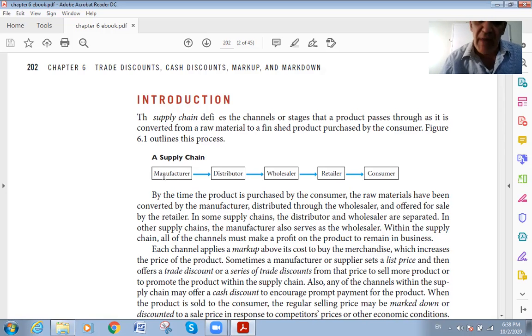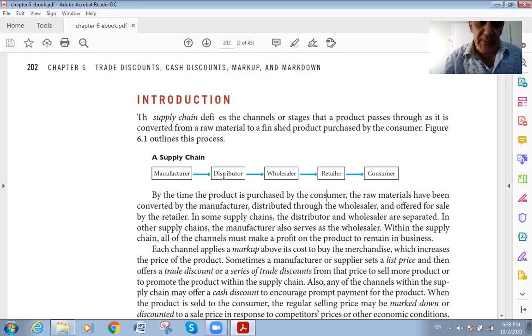You won't go and buy from the factory or manufacturer, no. You will buy from the retailer, okay? But the supply chain starts with the producer. Manufacturer means the producer, the one who produces the product, where the factory is.